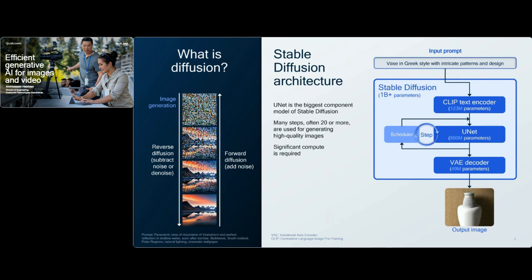Here on the right, we see a more detailed architecture of Stable Diffusion during sampling. Starting from pure Gaussian noise, it runs a denoising model that is a UNet in most state-of-the-art models, either convolutional or fully transformer-based, as we see in DiT architectures. This denoising UNet runs for dozens of steps, which are also determined by a noise scheduling algorithm called the scheduler.